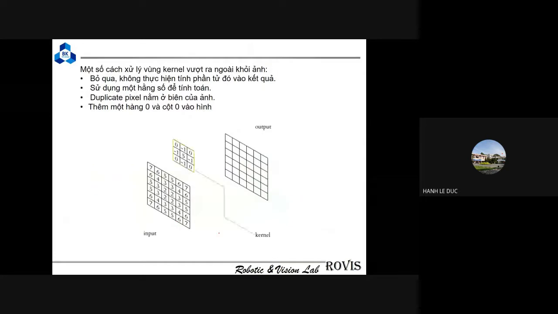So normally, to solve the problem of the border like this, we have four solutions. The first and the second, we rarely use, so we ignore them.